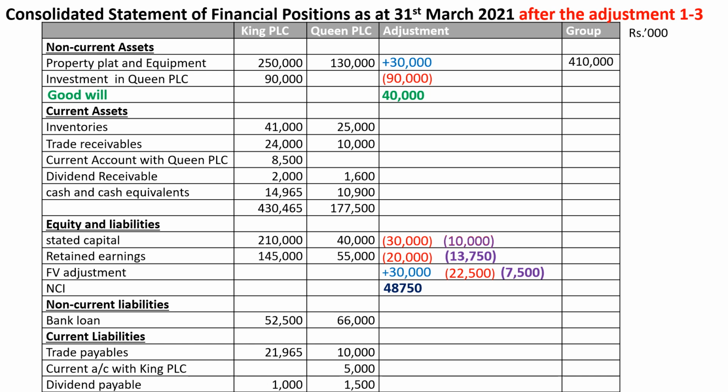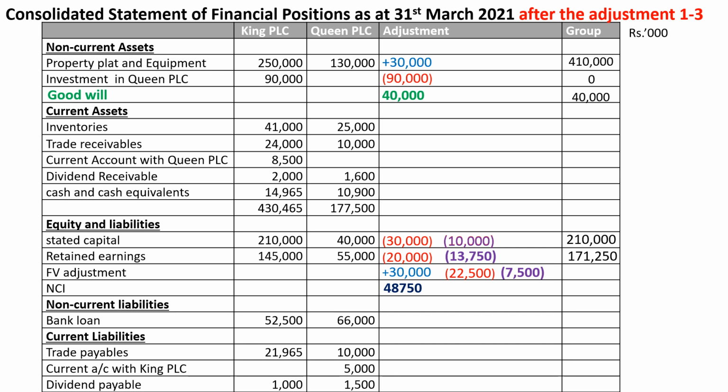At the end of these transactions, the property, plant and equipment balance will be 410,000. There won't be any investment account. Goodwill will be 40,000. Then in the stated capital, we can just see King PLC's stated capital. Then in the retained earnings account, we can see King PLC's retained earnings plus 75% of the post-acquisition reserves.